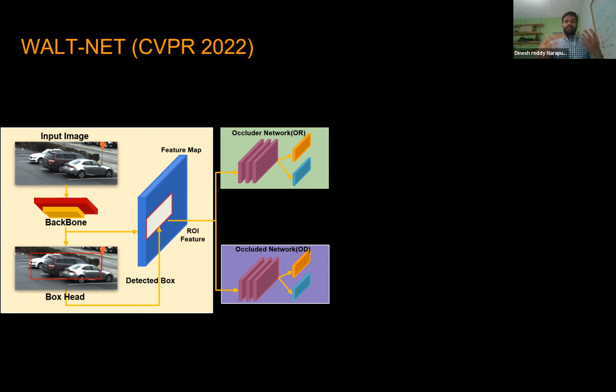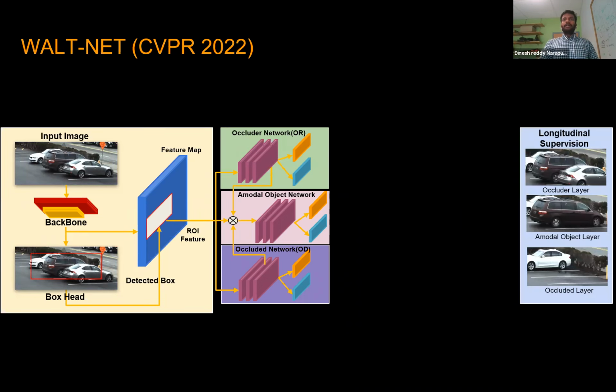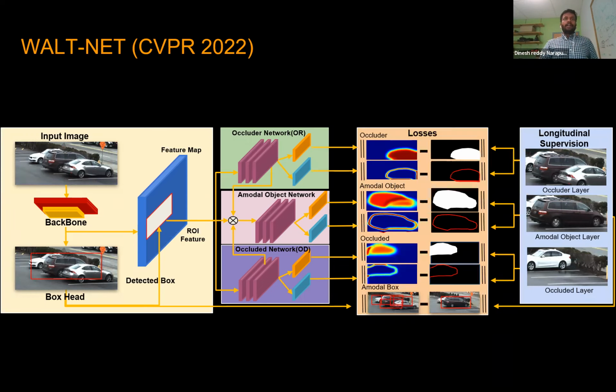Generally, I believe there are three different components of every bounding box, and these two play a very important role in predicting the actual object segmentation. So we have these three networks which predict all three layers of the scene. And we have supervision from our longitudinal supervision, where I showed that layering algorithm. We train the network to predict all these three layers, and we are able to get very accurate amodal segmentation.